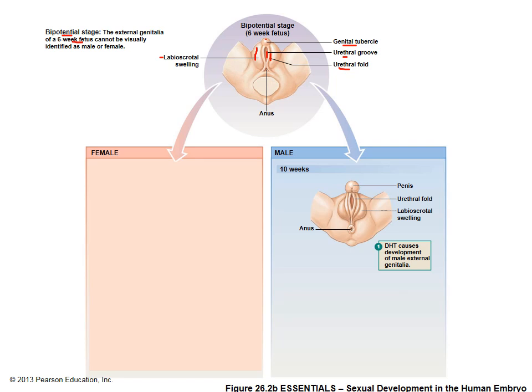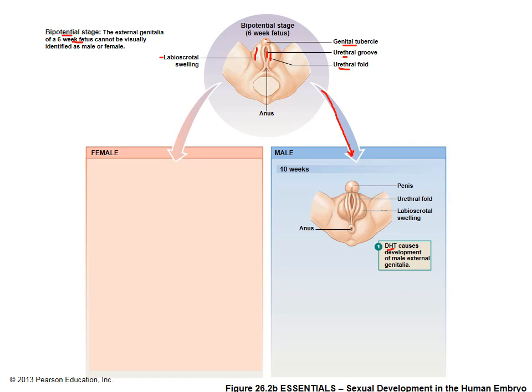But then, as we said, from about week 7 onwards, the differentiation or the development begins. First of all, we start off with differentiation of the male external genitalia. Remember, with the presence of the testes, we also have presence of DHT, or dihydrotestosterone, which is that derivative of testosterone.